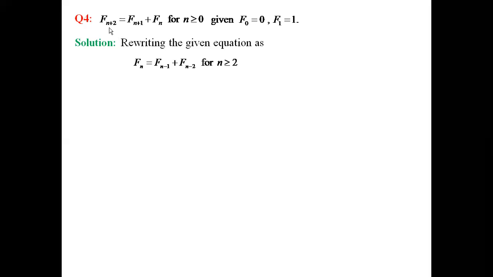So we are just replacing the highest suffix n plus 2 by n. The next highest suffix is n plus 1, which can be replaced by n minus 1. And finally, the suffix n can be replaced by n minus 2. That is how we will be able to rewrite the given equation. And this becomes a valid expression for all n greater than or equal to 2.